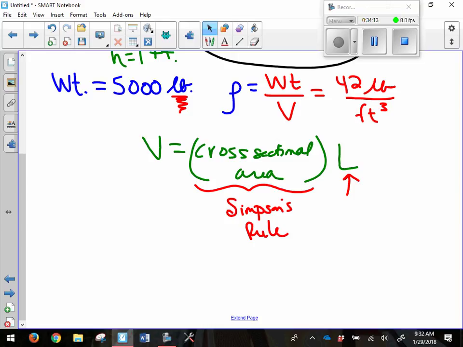We could use LRAM, RRAM, or MRAM. We could use the trapezoidal rule. We could use Simpson's rule. Why is Simpson's rule probably the best choice here? It's a curve. Okay, Simpson's rule works better with a curve.